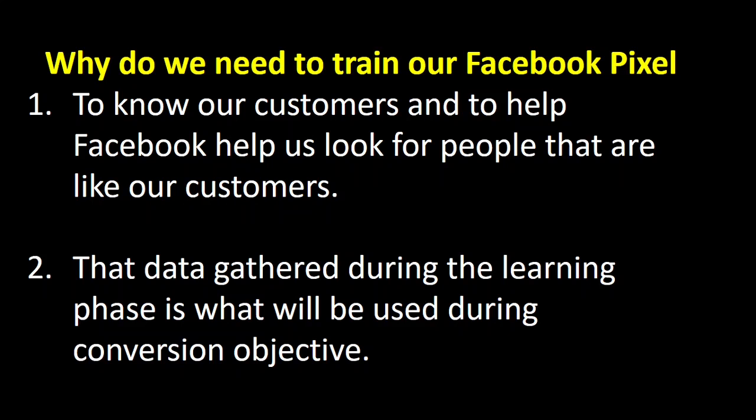So that is why they need to gather enough data about a certain group of people that you are targeting. That is why it is very necessary. That data you have gathered will be very useful during the conversion objective. When you select the conversion objective, that data will be used.